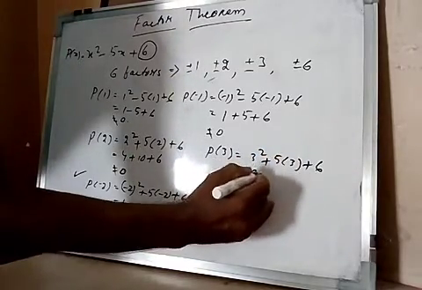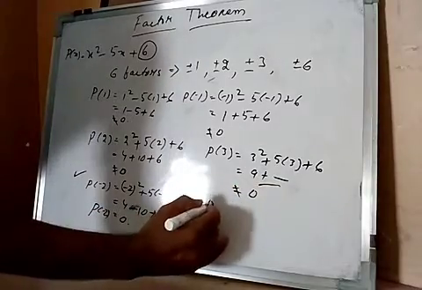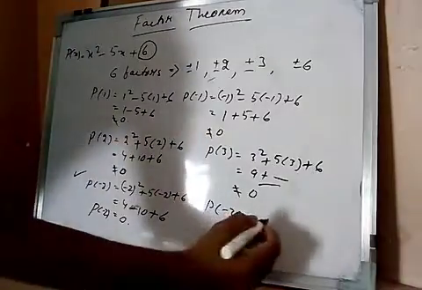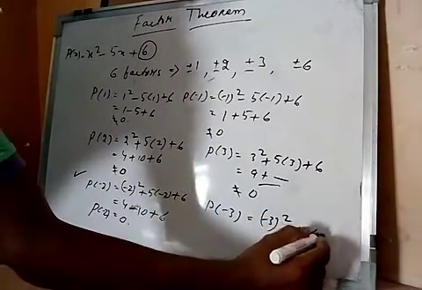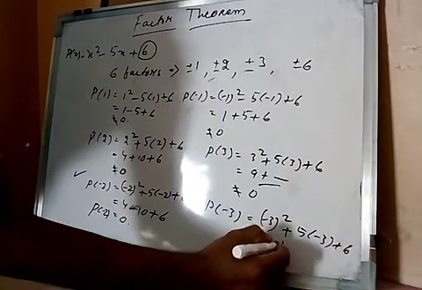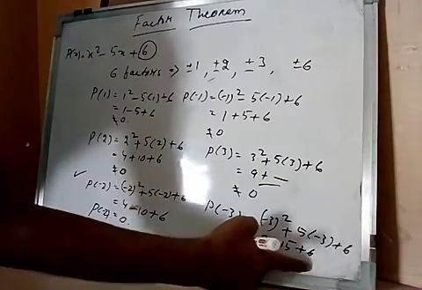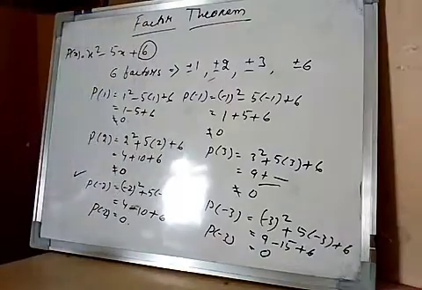So here also it is not possible because all are positive. Now p of minus 3 equals minus 3 to the power 2 plus 5 into minus 3 plus 6, 9 minus 15 plus 6, 9 plus 6 is 15, minus 15 equals 0. So p of minus 3 equals 0 here.